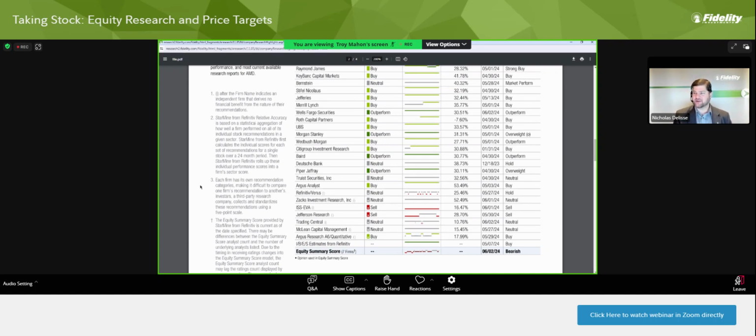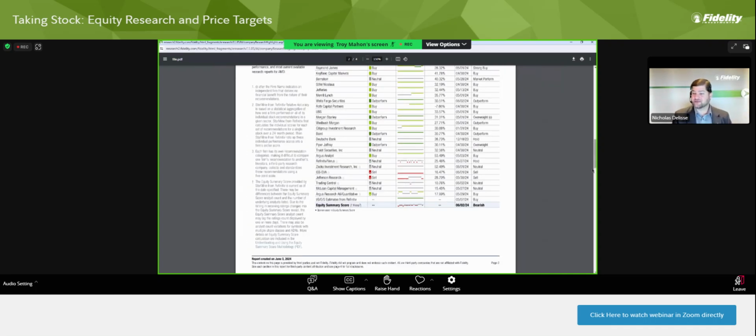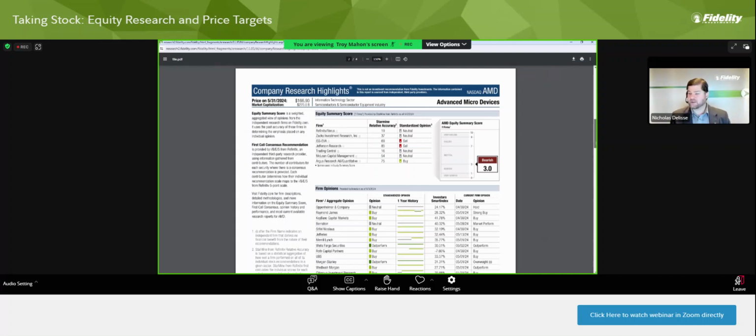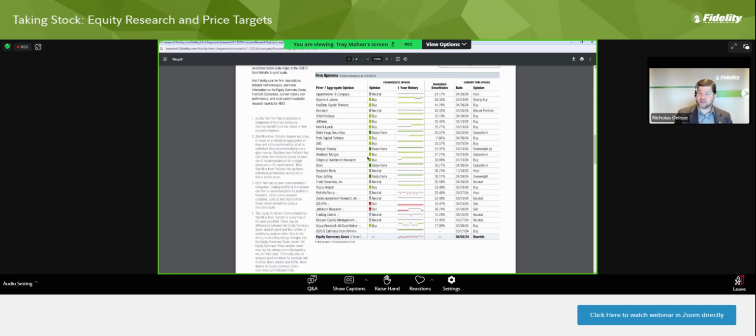It just happens to be that Fidelity has entered agreements with some of these other analysts, and we're able to then provide that research, like Jefferson Research and such, and some of these other ones are able to provide that, then getting into the equity summary score. So just something I thought I'd add in there, Troy, as we're continuing on.